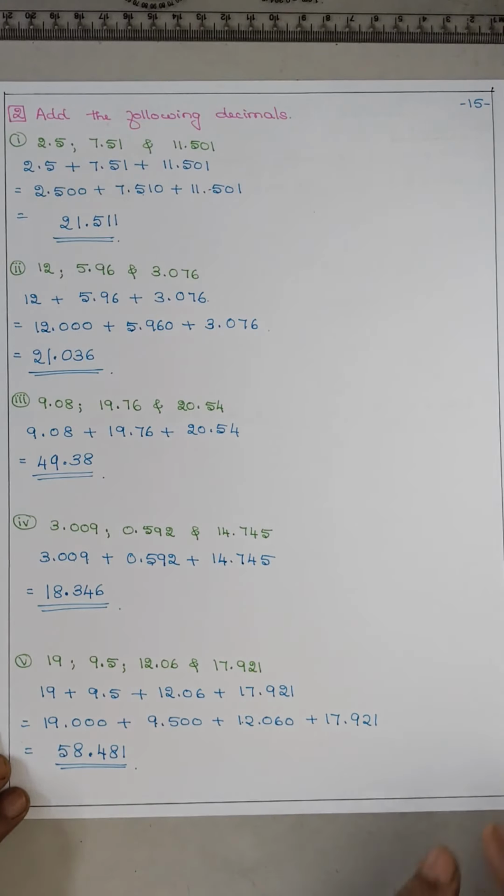If you practice, it will be easy. It's not so difficult, okay? So you have to start from the right side: the third decimal, second decimal, first decimal, then ones, tens, hundreds.